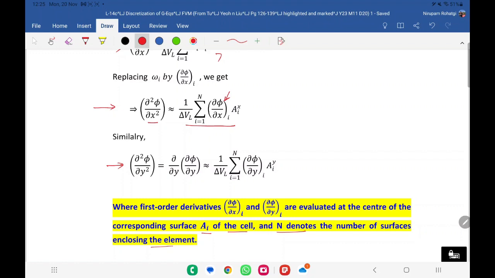So FVM has that advantage. So these are the two advantages. One is that you have conservation at cell level, and the second is that you can talk in terms of unstructured grid.